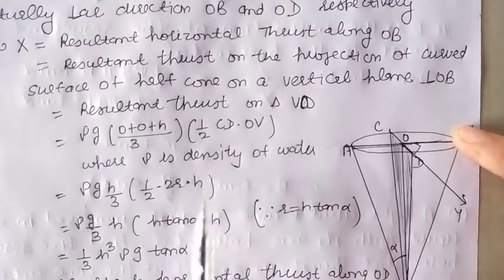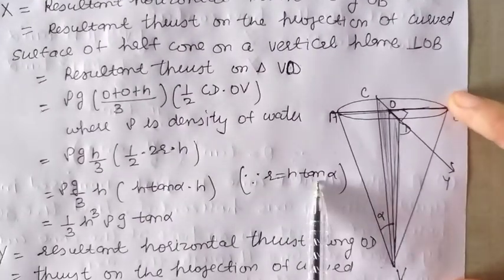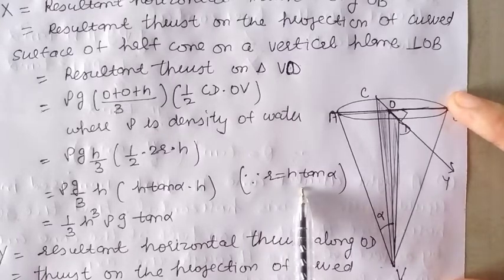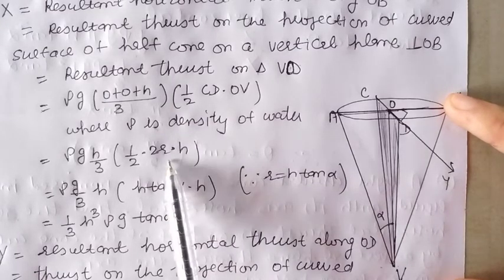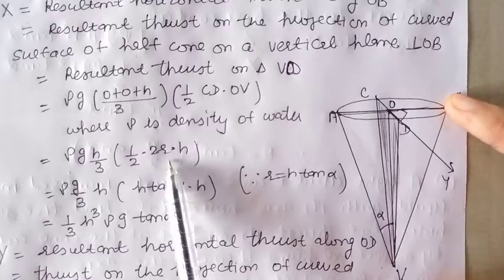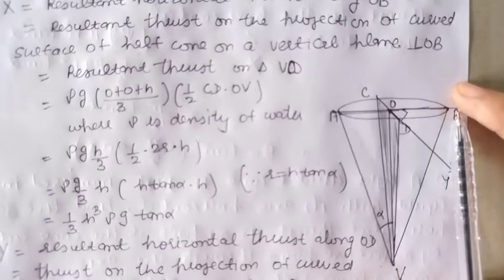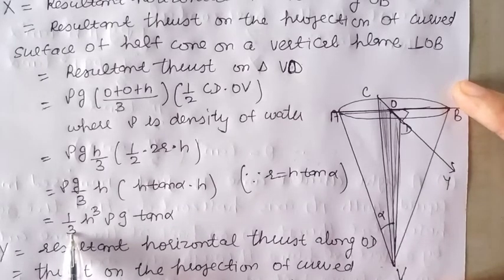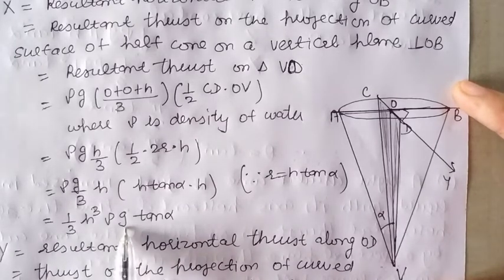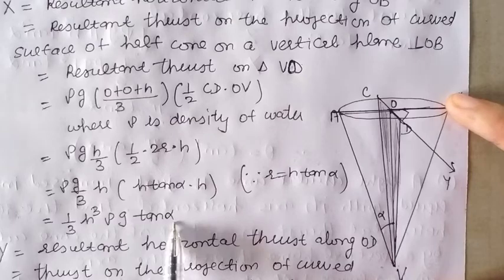Now because R upon h is tan alpha, R will be h tan alpha. We can put the value of R here. So we get the resultant horizontal thrust along this direction OB, given by 1 by 3 h cube rho g tan alpha.